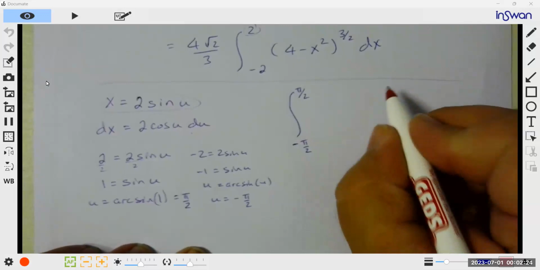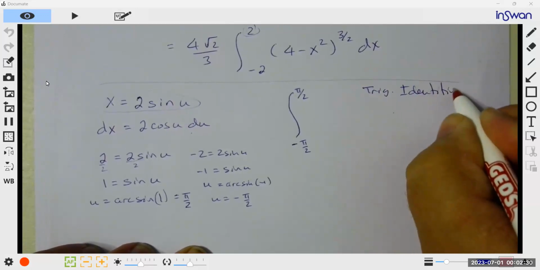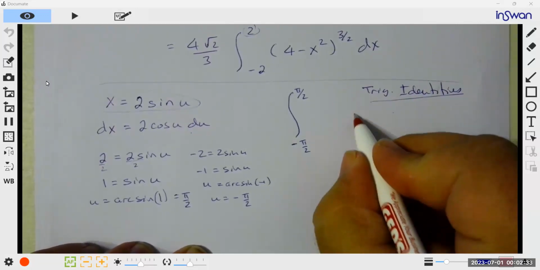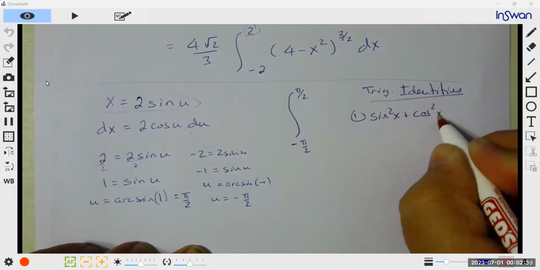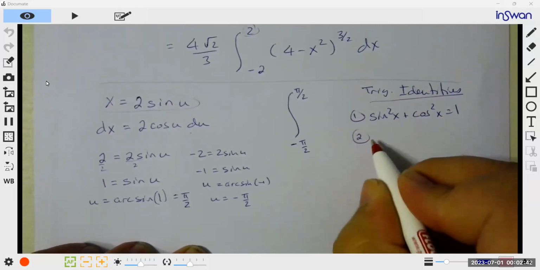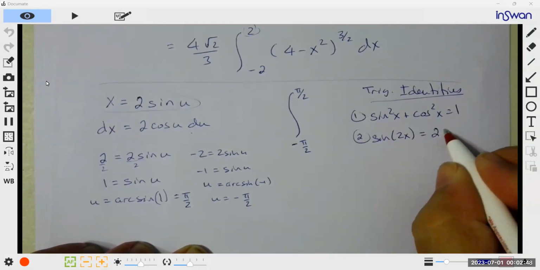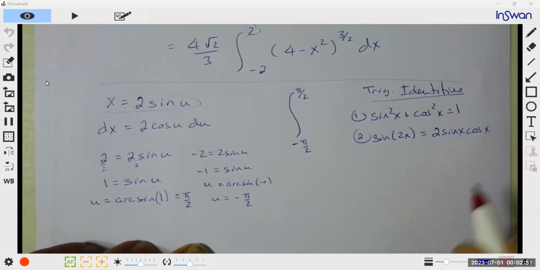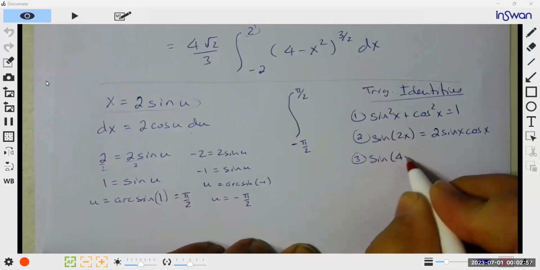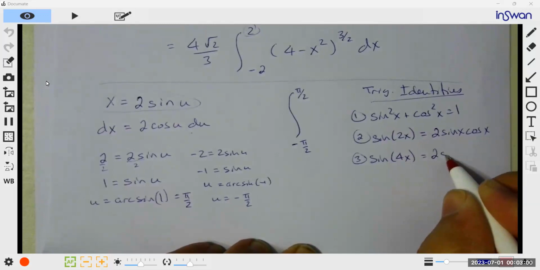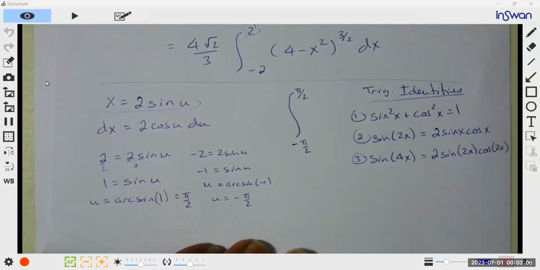Now, the next thing we have to do, here are our trig identities that we're going to be using. So we have sine squared x plus cosine squared x equals 1. The double angle, sine 2x, is the same thing as 2 sine x cosine x. If I had sine 4x, that would be 2 sine 2x cosine 2x.